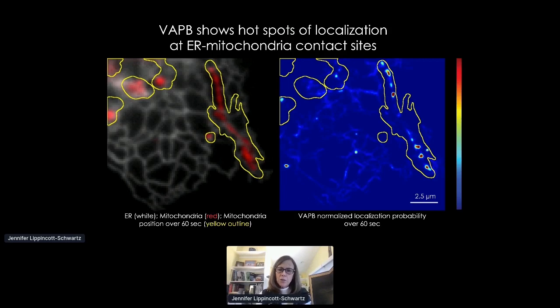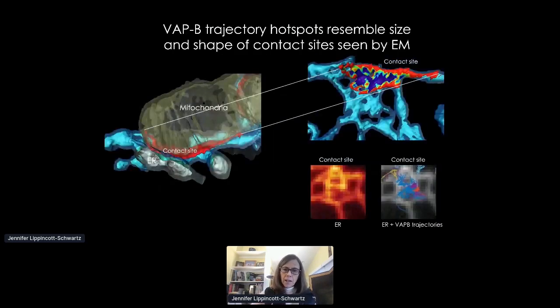And you can see that they're distributed all along that surface in very precise punctate sites. And what we find when we compare the size and the overall shape of these particular contact zones is that they resemble the contact sites that you can see by electron microscopy as shown in this lineup here.